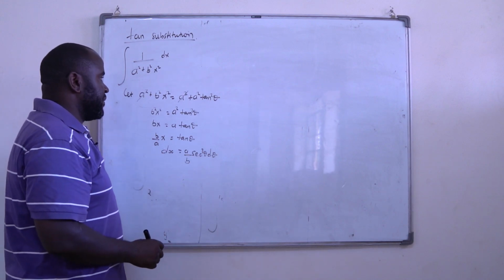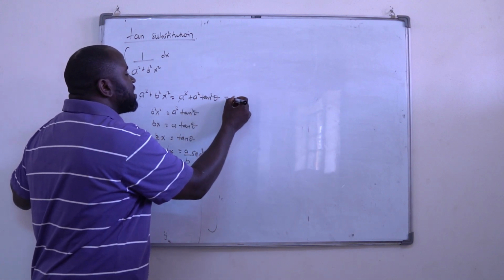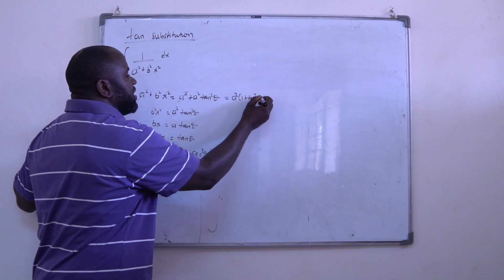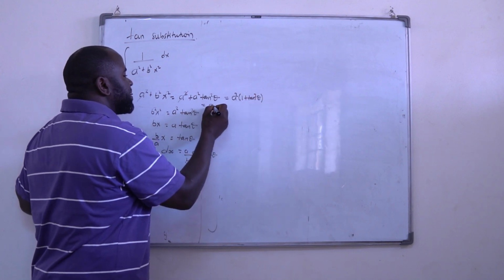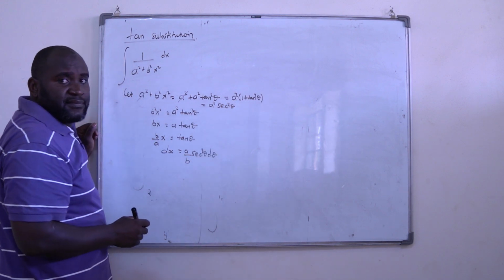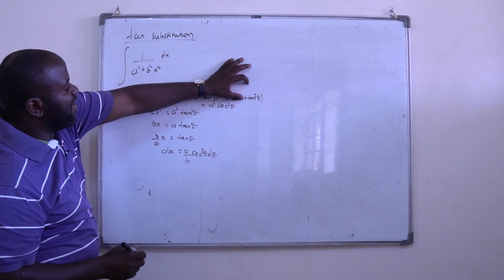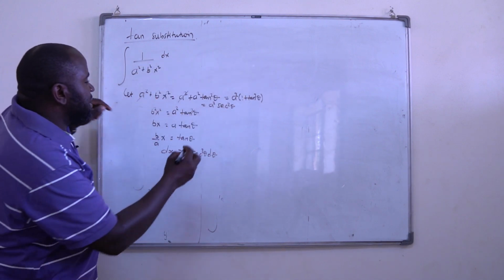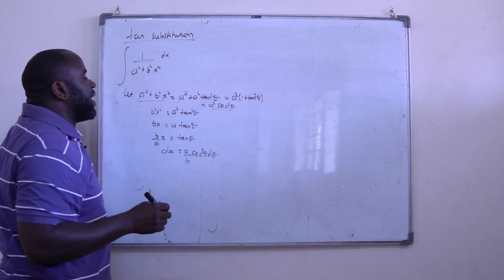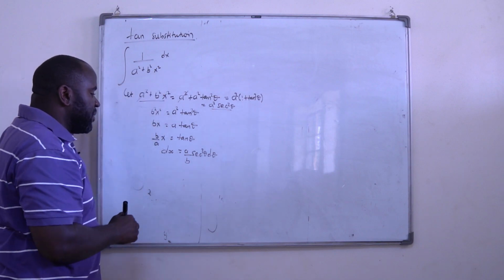It is sec squared. Once you have recognized that, if you come back here, this is the same as a squared into 1 plus tan squared theta. But always 1 plus tan squared theta is sec squared theta. So instead of having this or that, one can straight away substitute a squared sec squared theta for a squared plus b squared x squared, which is in the denominator.